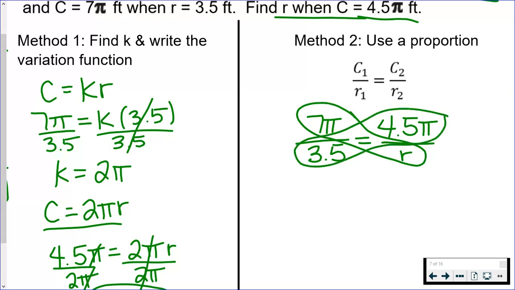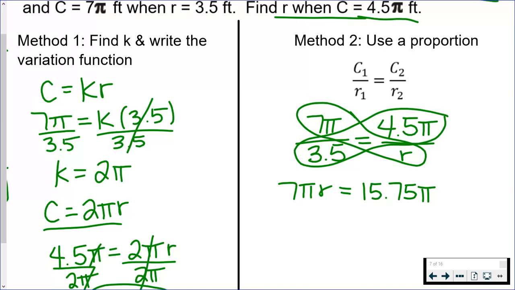What you do when you have a proportion is you cross multiply and you set those equal to each other. 7 pi times r, we're just going to write 7 pi r. 3.5 times 4.5 pi is 15.75 pi.